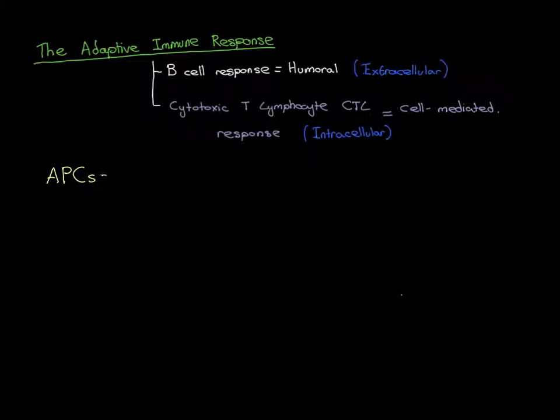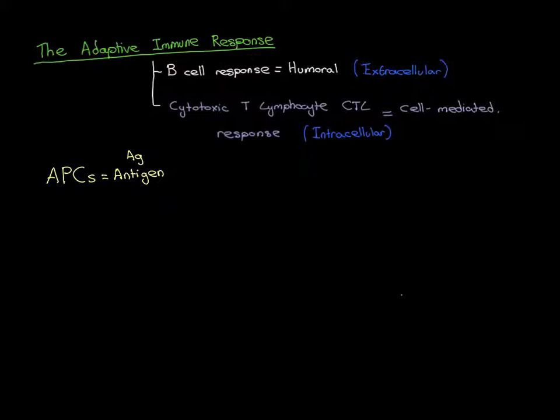APCs for short. So this stands for antigen, that's the A. And I will abbreviate antigen in future down to AG. Remember, an antigen is any protein that can have an adaptive immune response initiated against it.